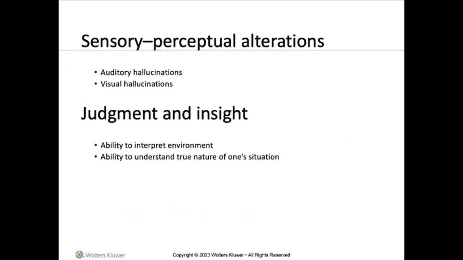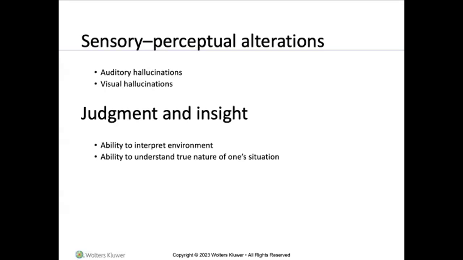Sensory perceptual alterations are going to be your hallucinations. You can hallucinate in any of your senses. So we have 5 senses: our sense of touch, our sense of hearing, our sense of vision, our sense of taste. All of those senses, and your most common ones are going to be your auditory hallucinations and your visual hallucinations.